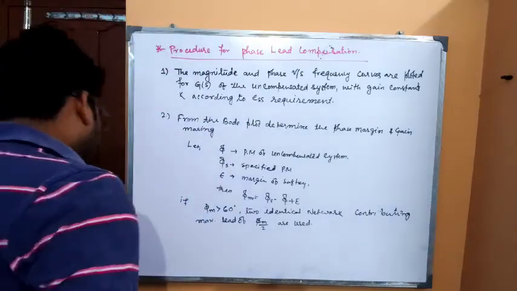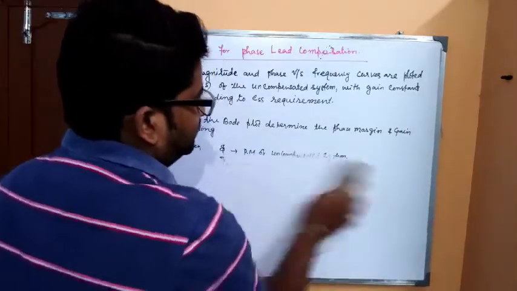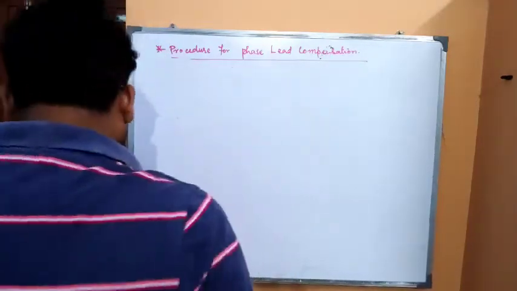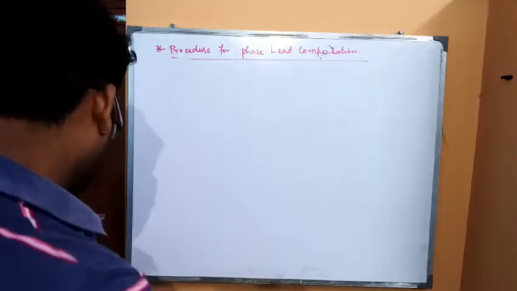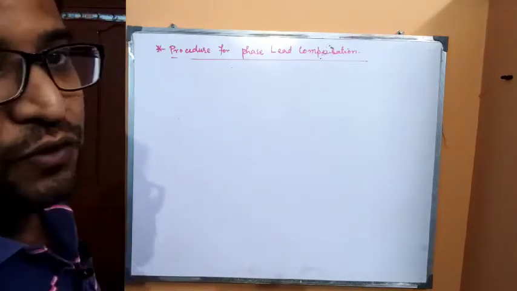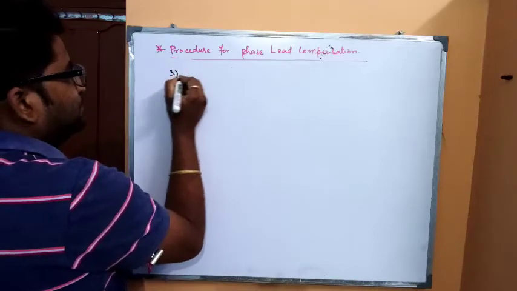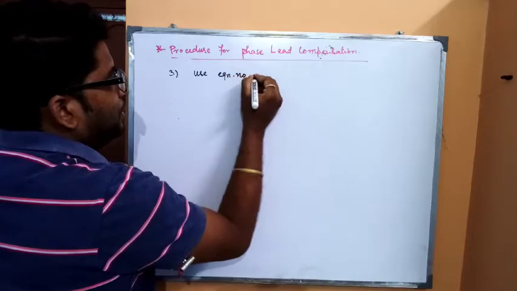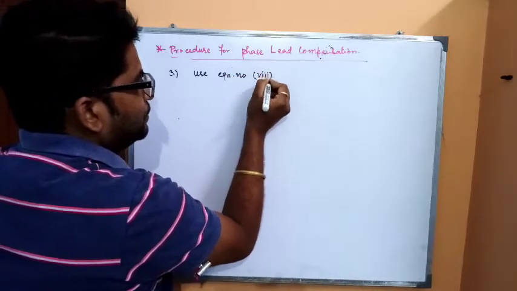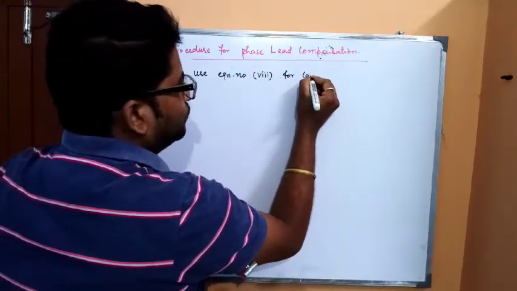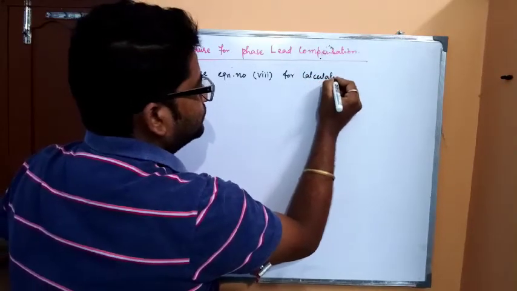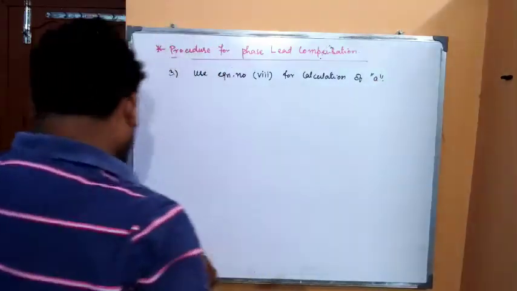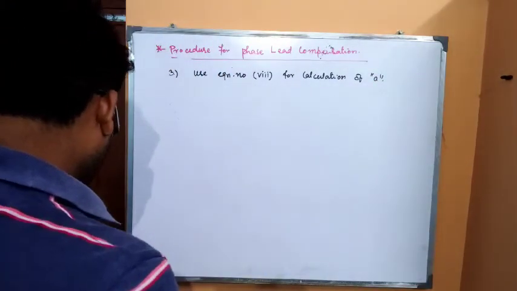Now the third step is to use equation number 8 for calculation of the value of A. So what is equation number 8?